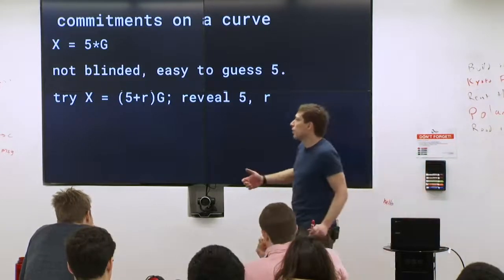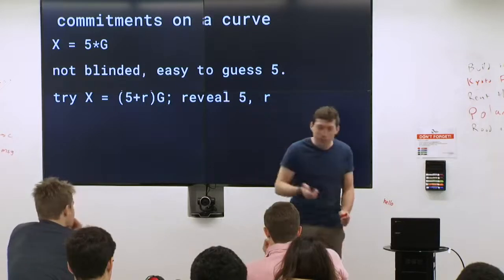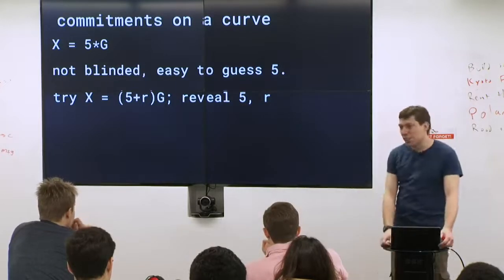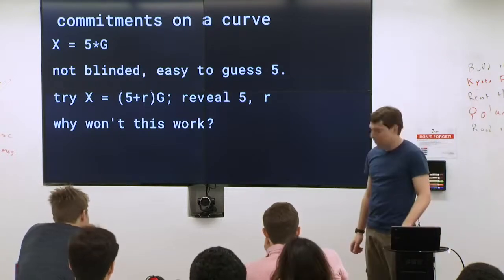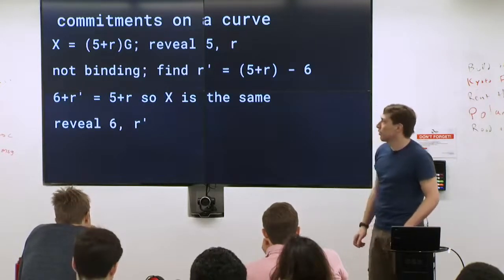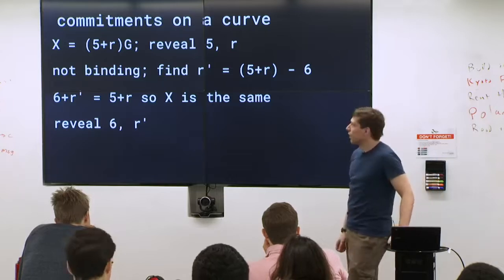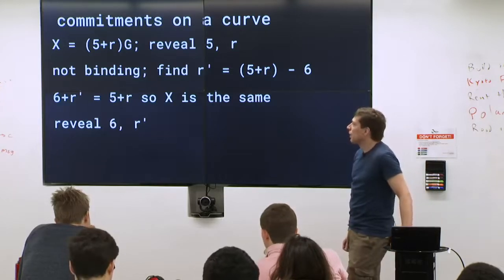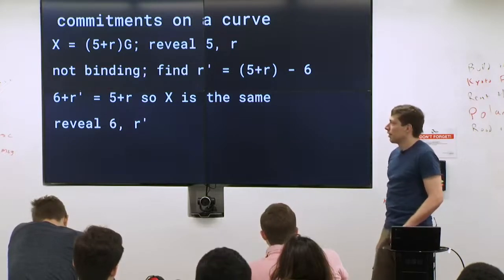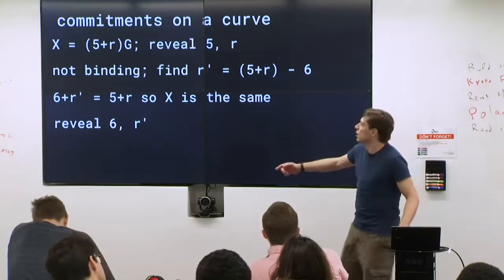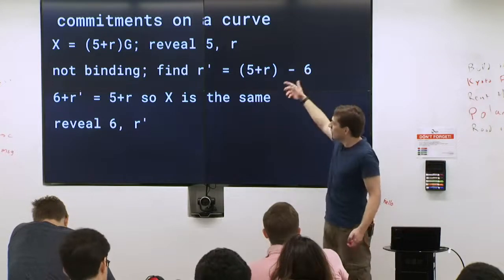one. No, but I can say, look, the problem is addition is easy to break, right? I committed to 5 plus r, I revealed 5 and r, but it's not binding, right? I can just find r prime, which is 5 plus r minus 6, and then 6 plus that r prime is going to be 6 plus 5 plus r minus 6.